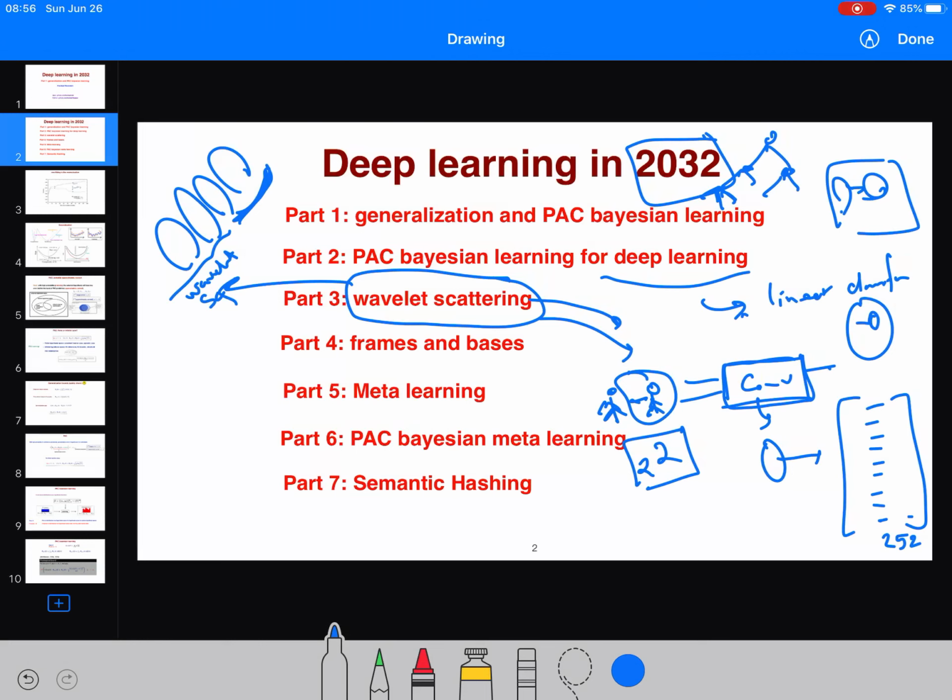Although we have 100 billion neurons in our brain, Stéphane Mallat gave us a beautiful example about our ears: inside our ears there is something like a wavelet transformation.